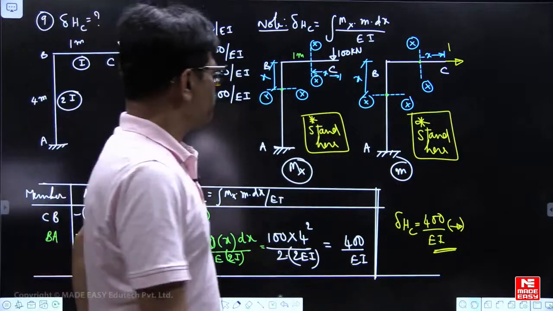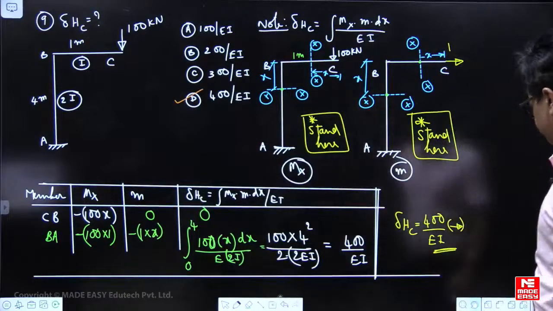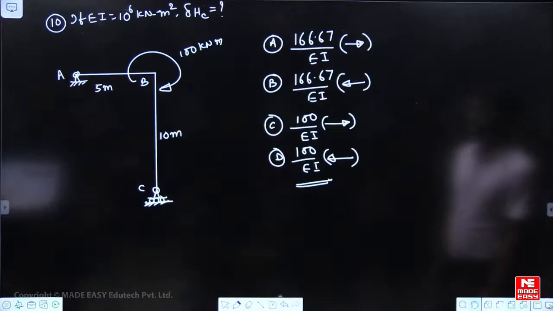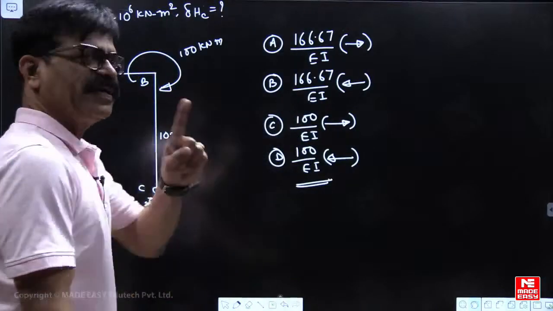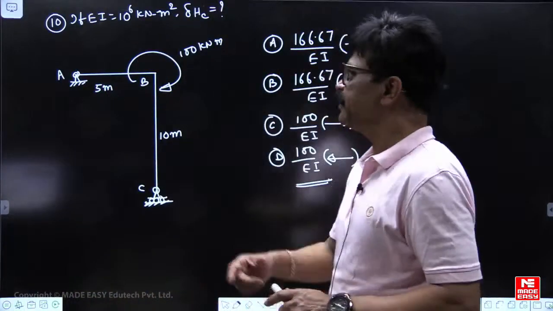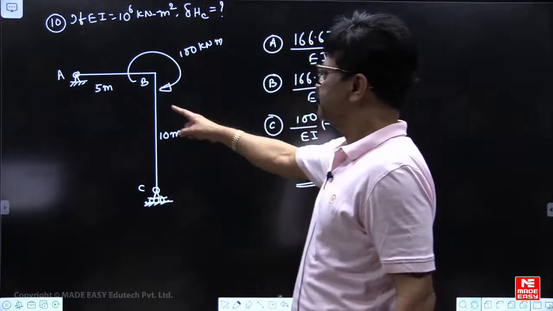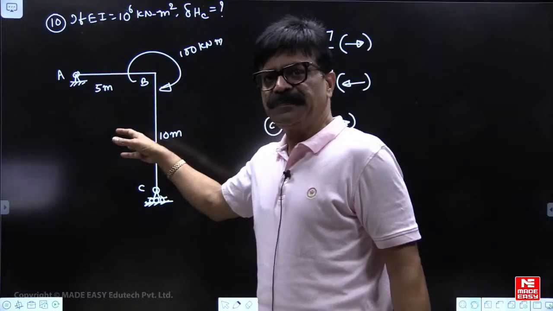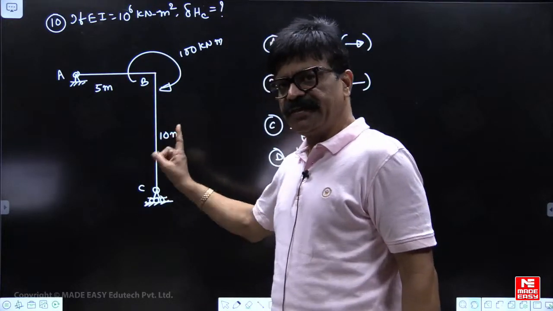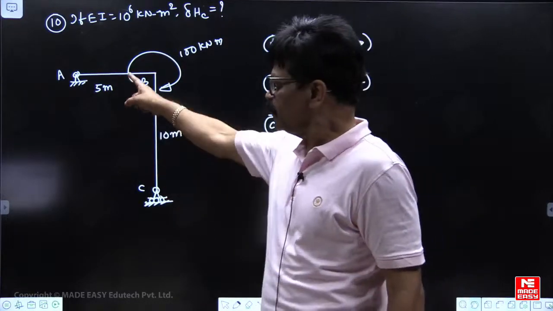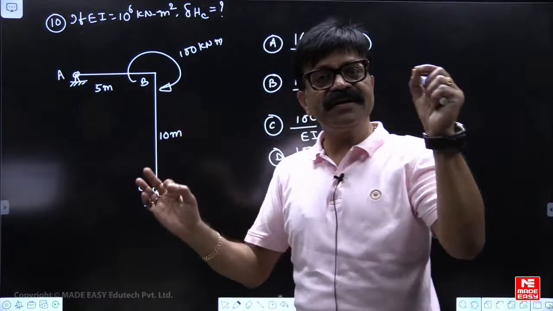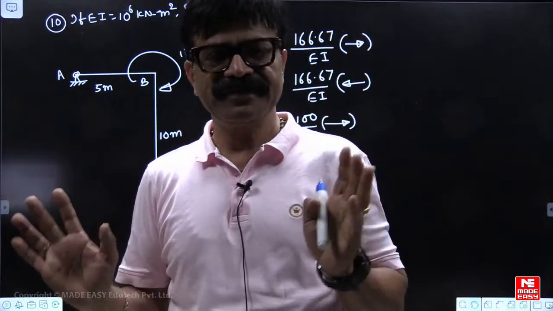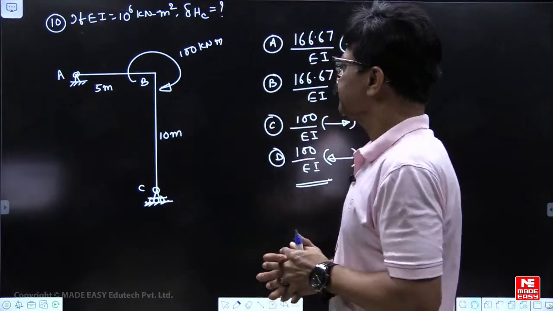Okay, now we'll move on to the next one. Now one cantilever frame we have taken. We'll take one simply supported now. Simply supported, statically determinate frame where one end is hinge, one end is roller, but they are not at the same level. That problem we have taken.